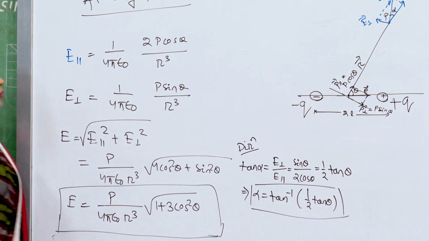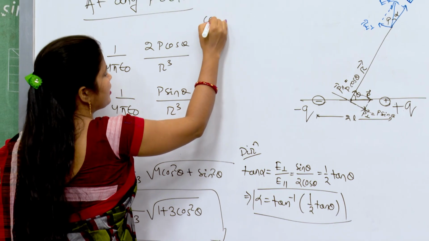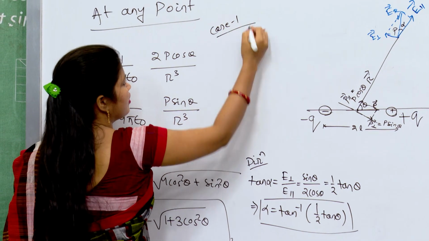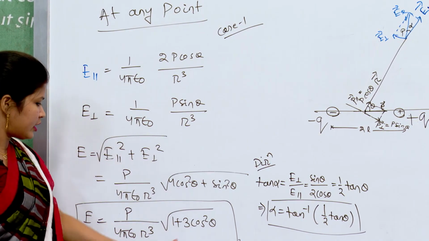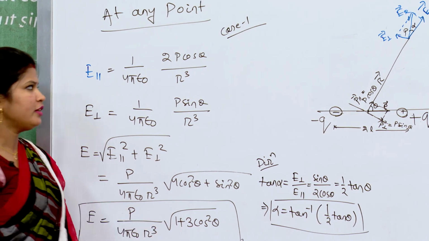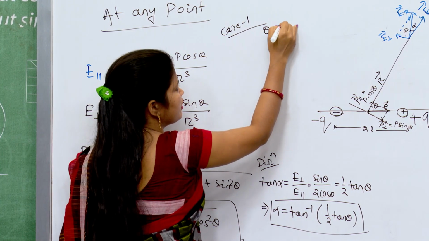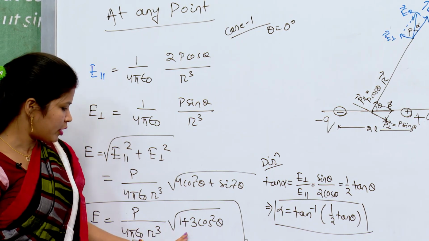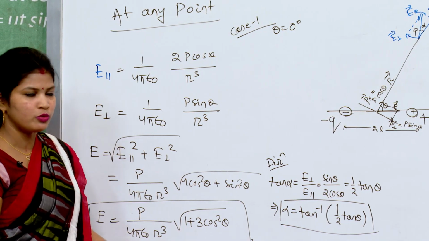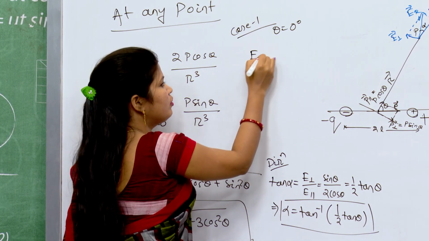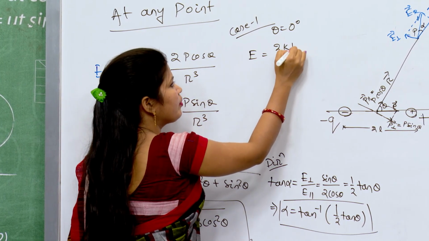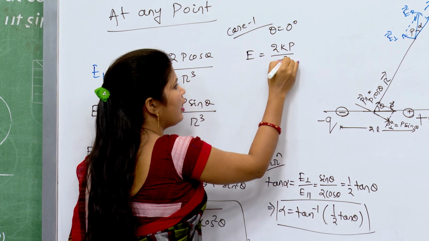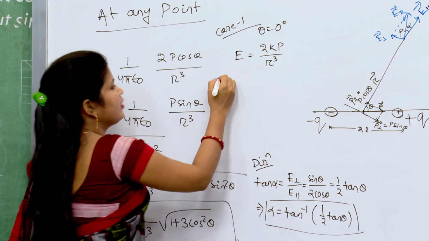From this formula we can calculate the special cases. Case 1, on the axial line, when theta is equal to 0 degrees, cos 0 is 1, so 1 plus 3 is 4, and the square root is 2. So E is equal to 2 k p upon r cubed.